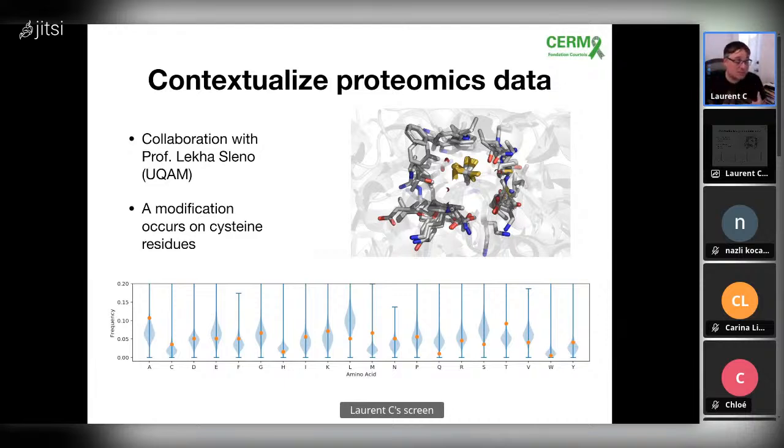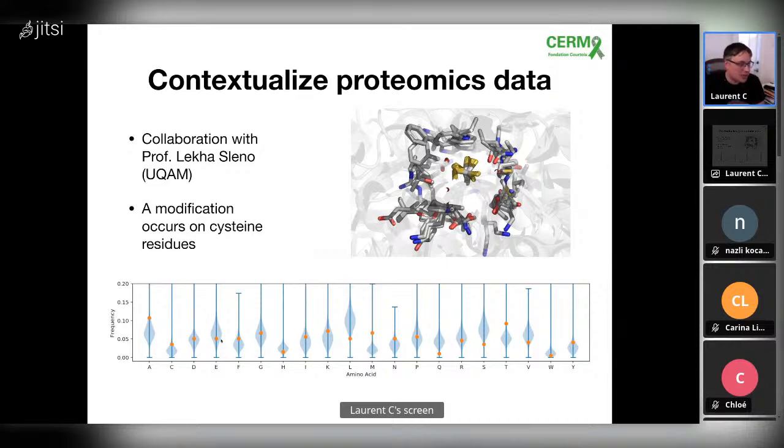So this allows us to understand, is there something special in 3D that promotes the modification of the proteins at certain residues? We can look at what the residues are that are around this cysteine residue that will be modified.